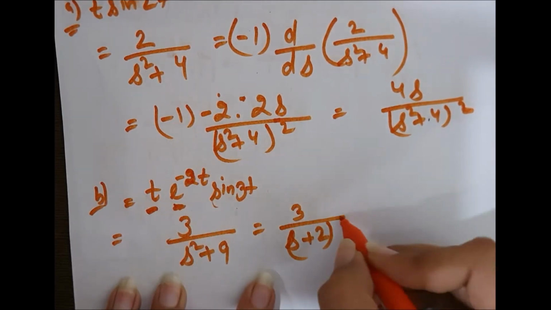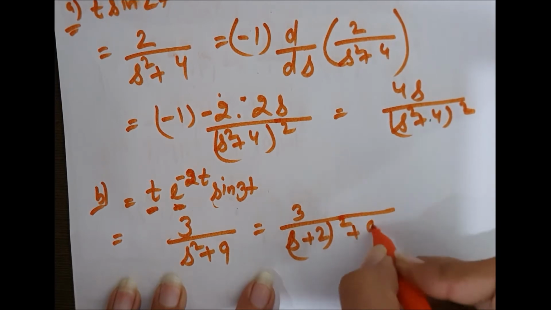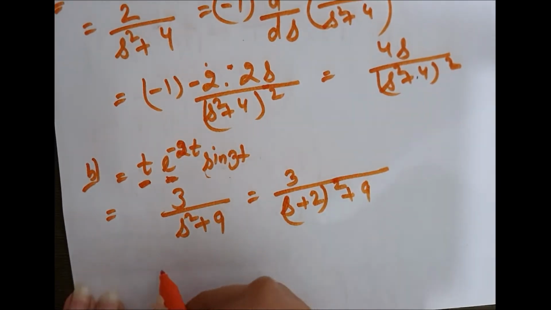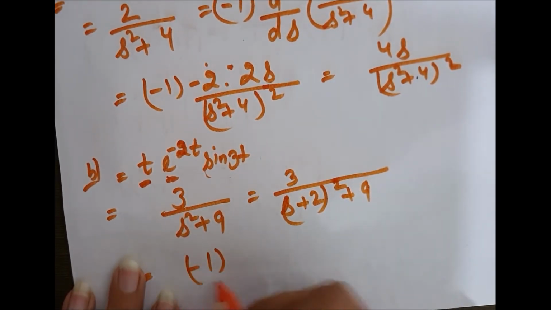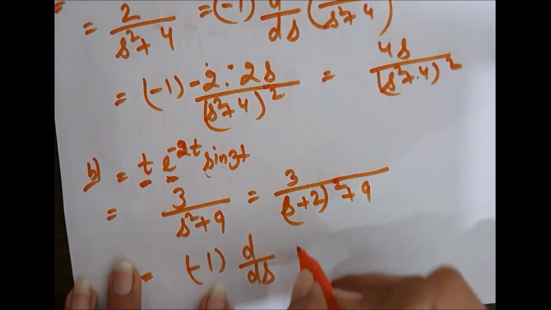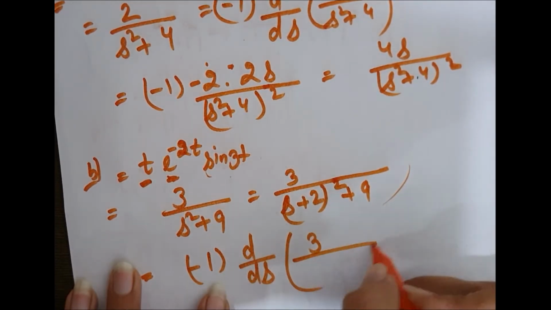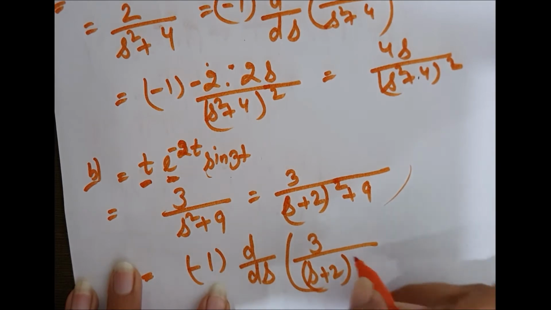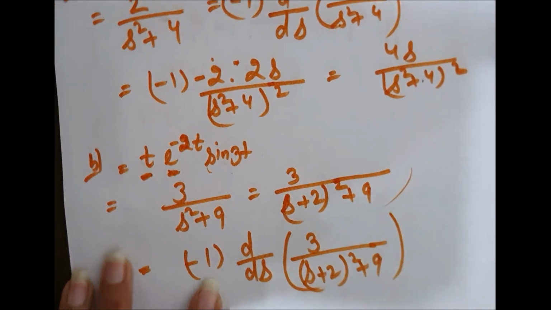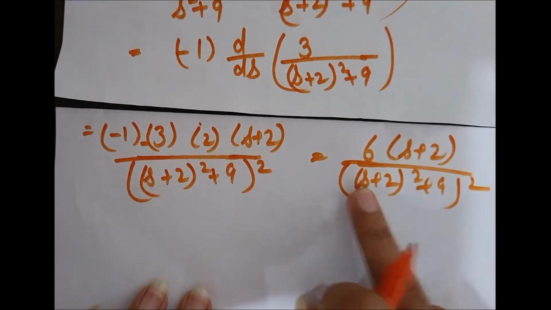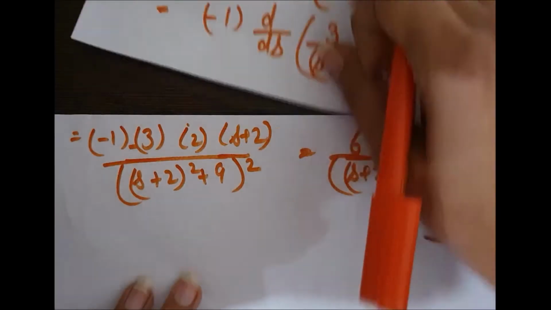This is minus 2, so we will do s plus 2, squared, plus 9. Now due to this t, minus 1 d by ds of this function. Now solve it and you will get your answer. So answer comes out to be this. Laplace transform of this function is this.